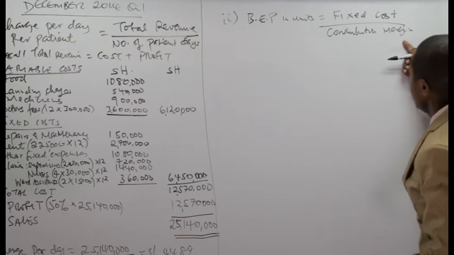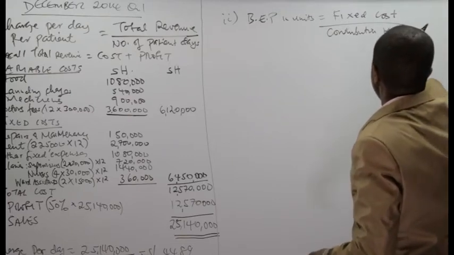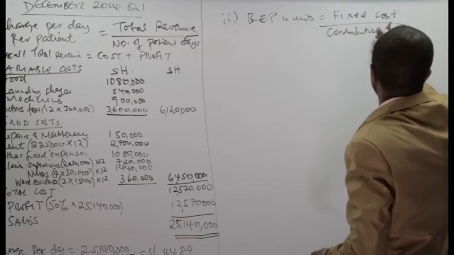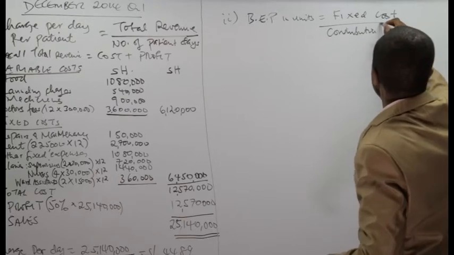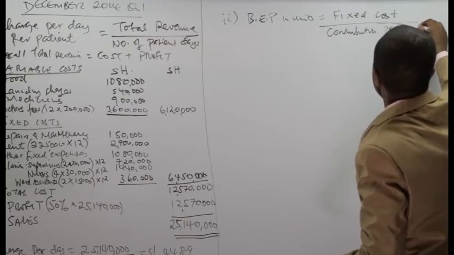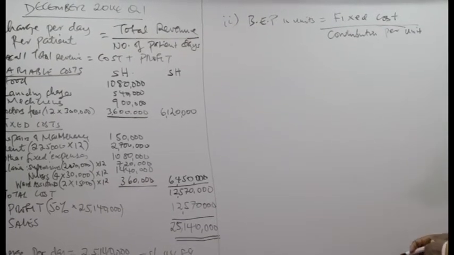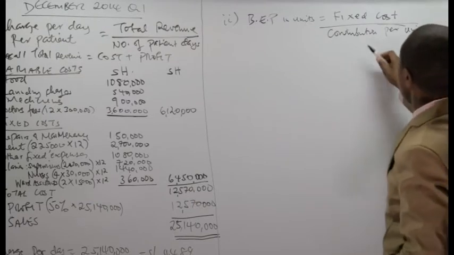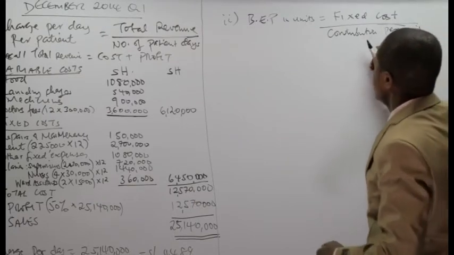In units we use contribution per unit; if you are to calculate in shillings, then you'll have the contribution margin ratio. That is important.